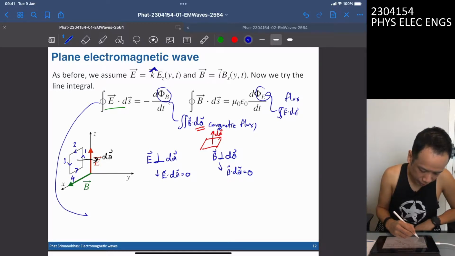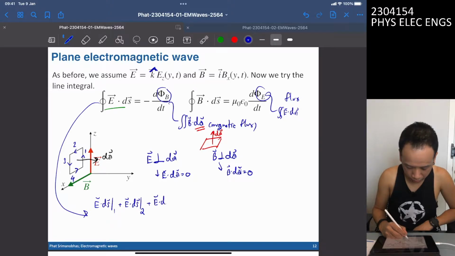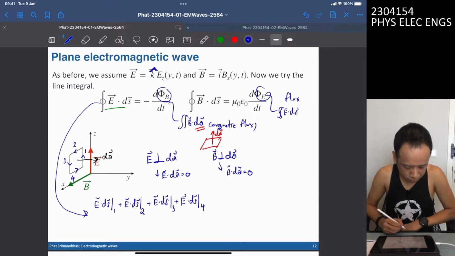So basically E dot ds is E dot ds of the surface 1 plus E dot ds of surface 2 plus E dot ds of surface 3 plus E dot ds of surface 4, right?